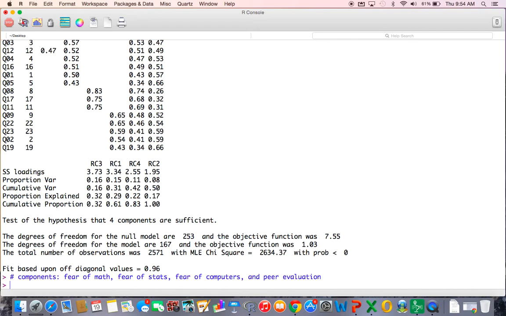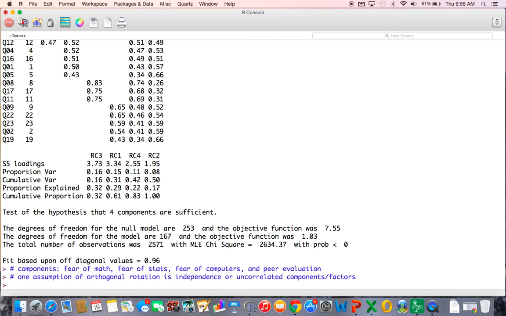I would say there's some sort of interdependency going on here. Now, one assumption of orthogonal rotation is independence, or I should say uncorrelated components.